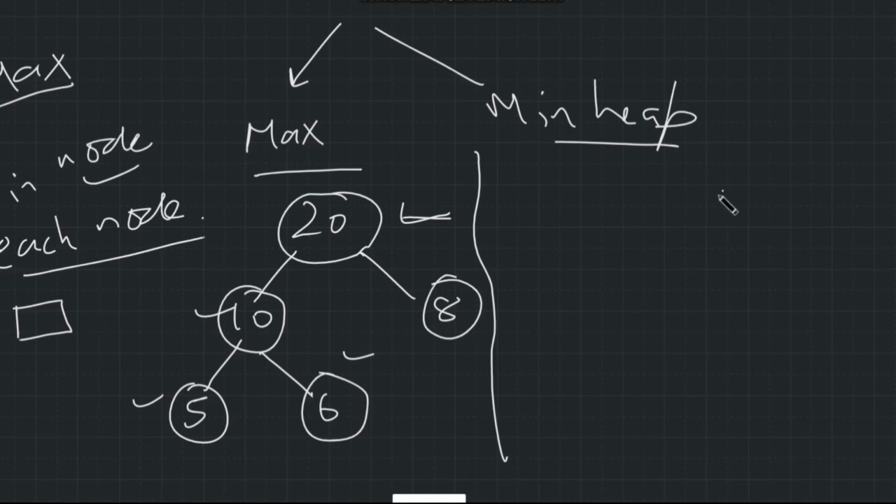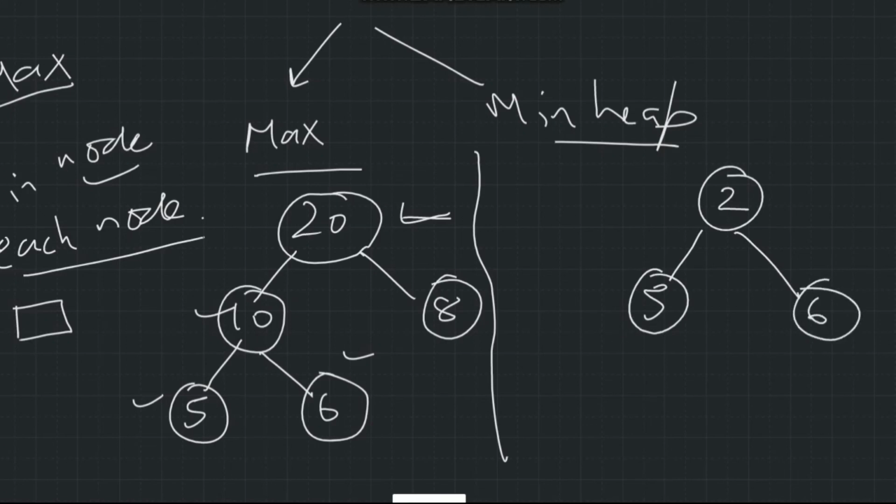If I draw an example, this is 2, 5, 6, 8, 10. If we compare 2 with its descendant values, we find that 2 is the minimum. So the minimum value will be at the top.